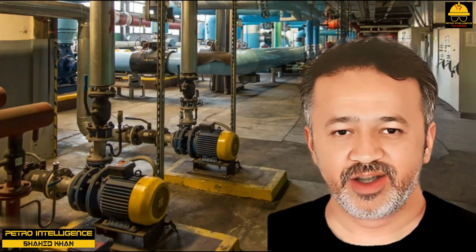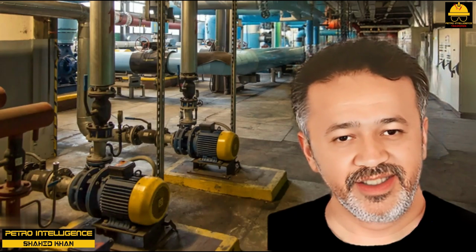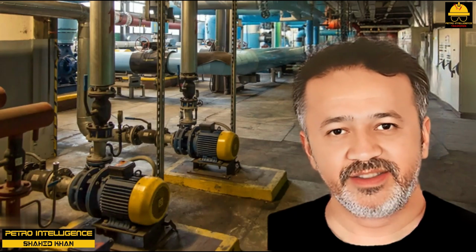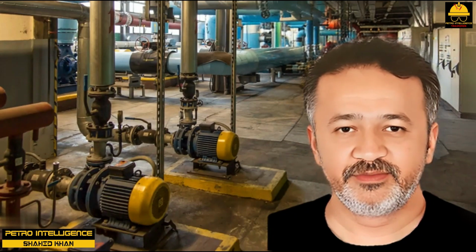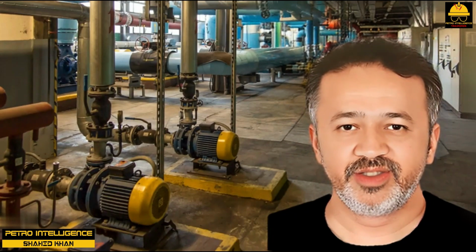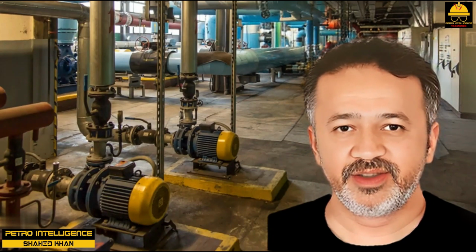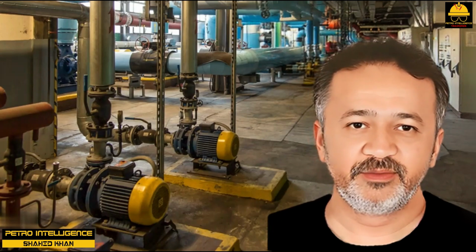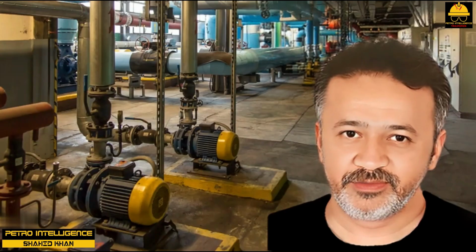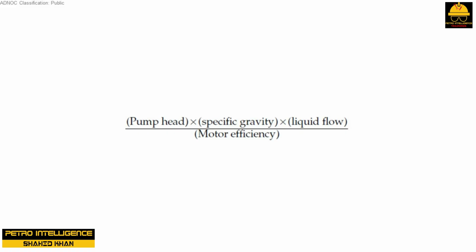If we install a 100 horsepower motor, what percent of the electrical power of the oversized motor is wasted? Essentially, none. The amp load on the motor driver is determined by the work done by the pump, not by the size of the motor. The amp load required by the motor is proportional to pump head times specific gravity times liquid flow divided by motor efficiency.